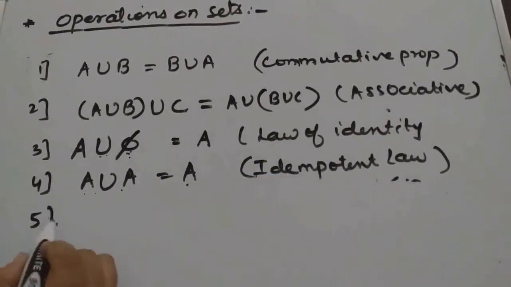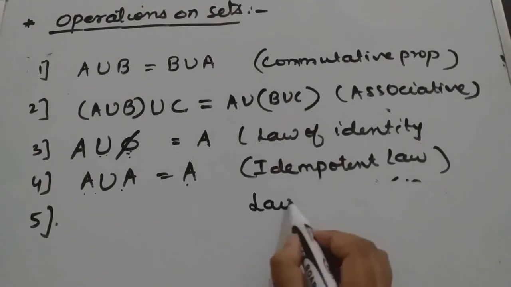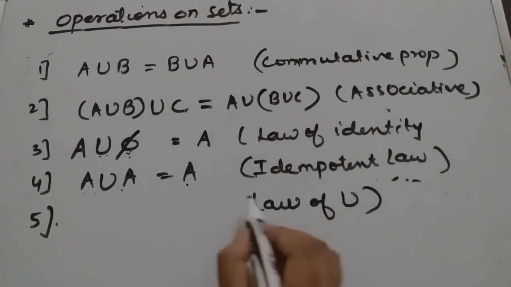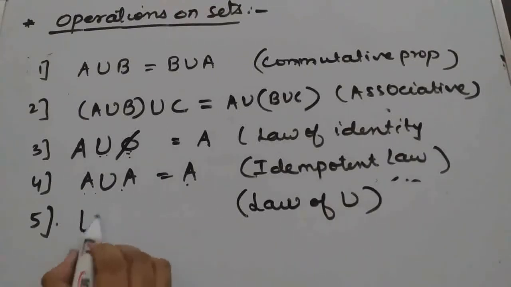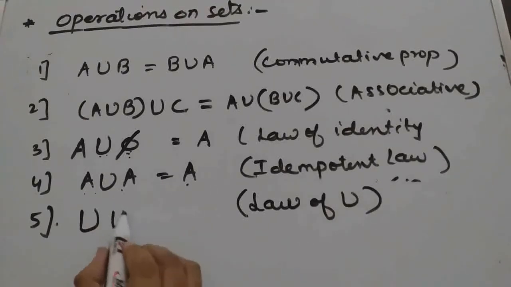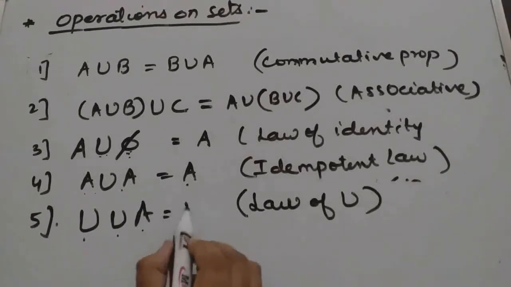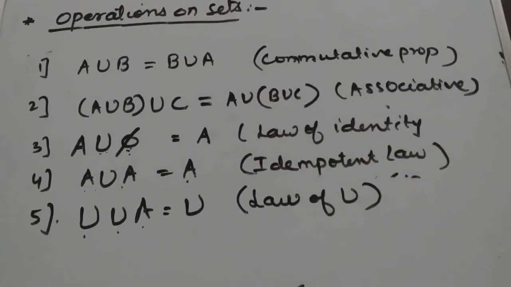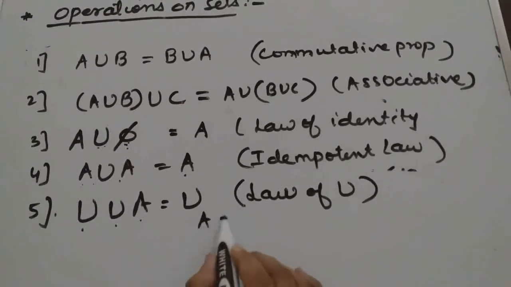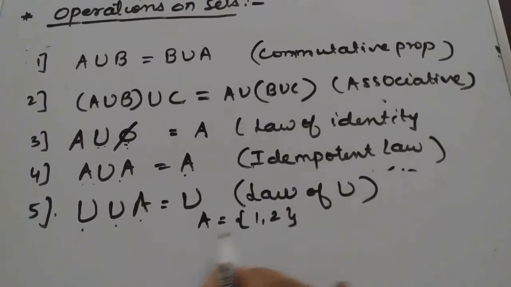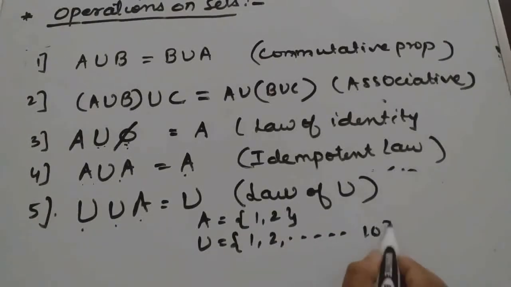Next is the universal set law. If you take the union of the universal set with A, you will get the universal set. Always remember, you get the bigger set. For example, A is {1, 2} and the universal set is suppose {1, 2, ..., 10}.